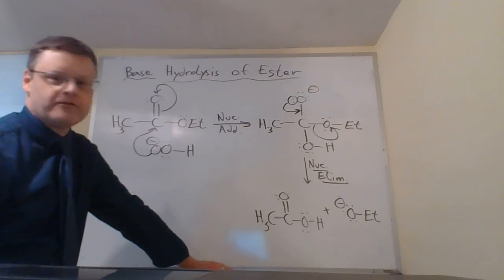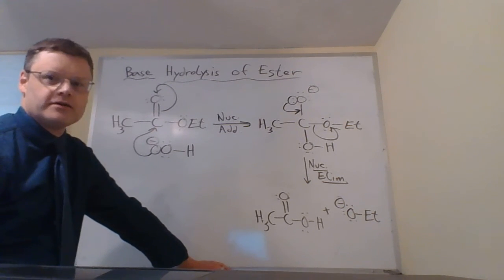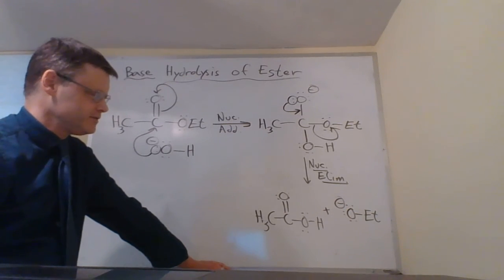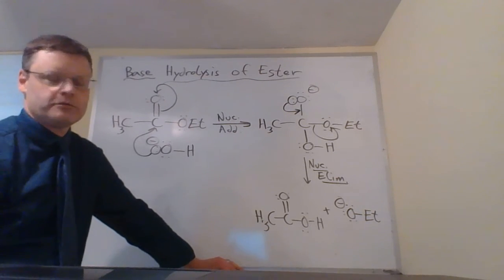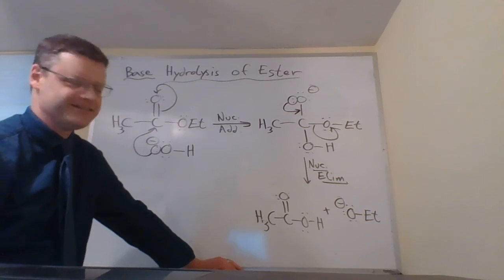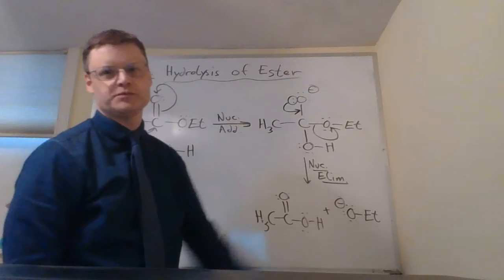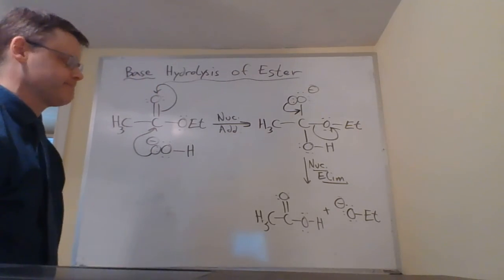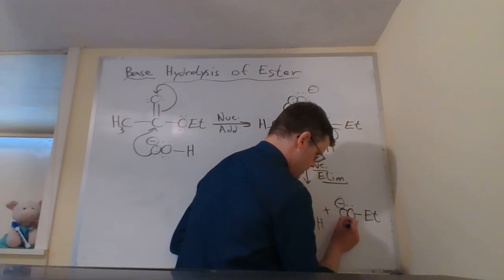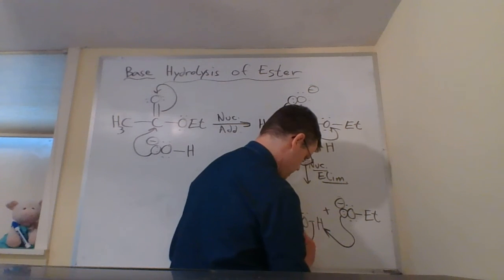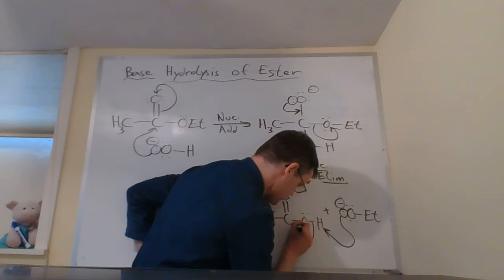Now, this is a good point for us to apply some of our knowledge of acid-base chemistry. You might recall from our previous couple videos that acetic acid has a pKa of about 4.7, 4.76, depending on who you talk to. And ethanol, the conjugate acid of ethoxide, has a pKa of around 15 or 16. What that means is that the ethoxide is going to pluck off a hydrogen, and that pair of electrons goes onto the oxygen here.